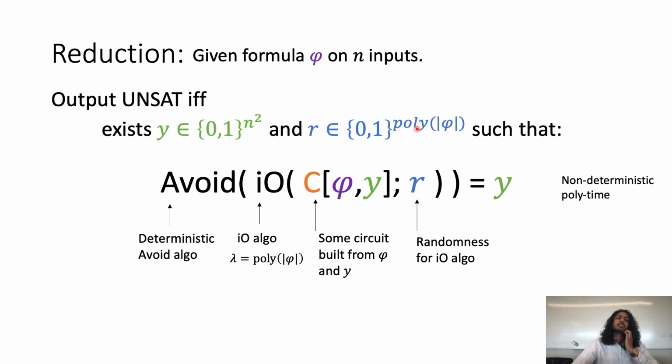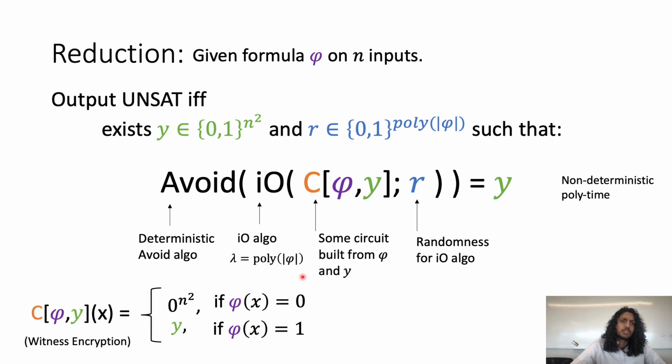So what exactly is this circuit? Oh, also you'll have to set the security parameter or something, but let's not worry about that for now. So what is this circuit? The circuit will look as follows. It's going to output 0 on input x if the formula is not satisfied at x, and it's going to output y if phi is satisfied at x.